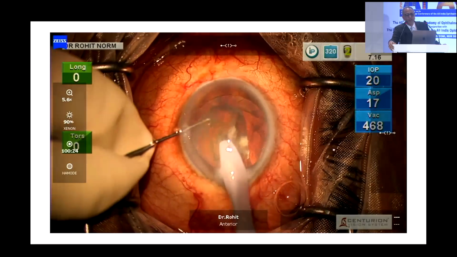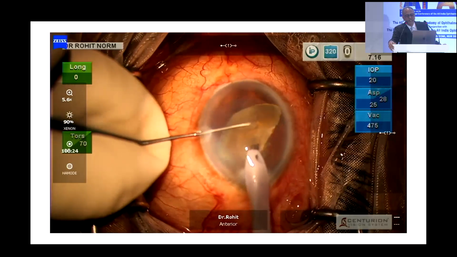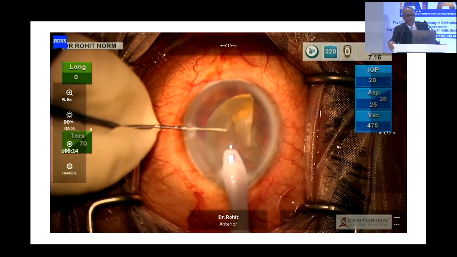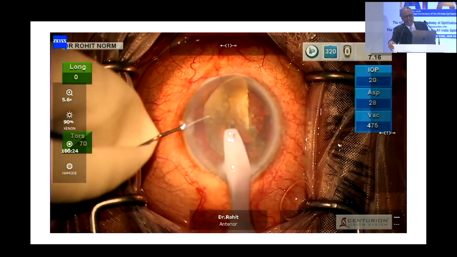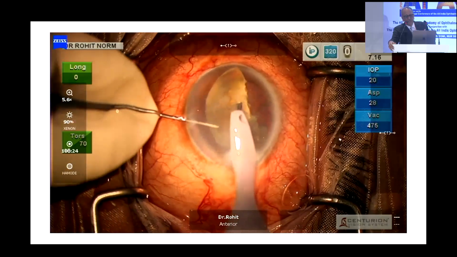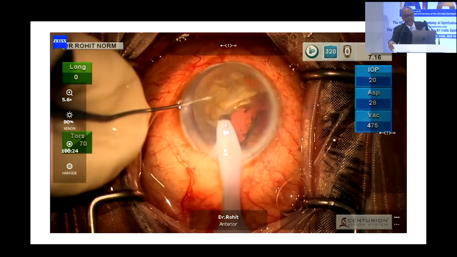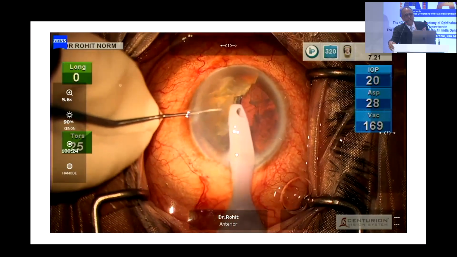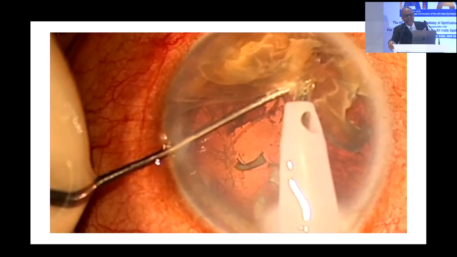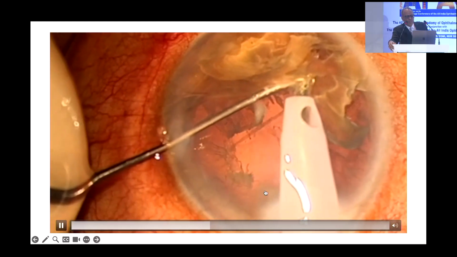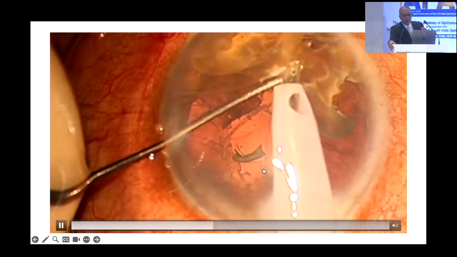The IOP you will see has been further reduced to 20. So there is low infusion, no pushing back of the posterior capsule, and the probability of anterior hyaloid phase problems is remote, very less.